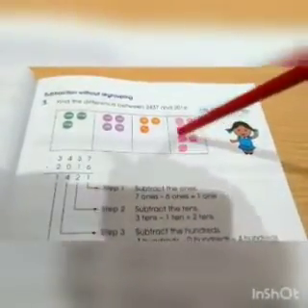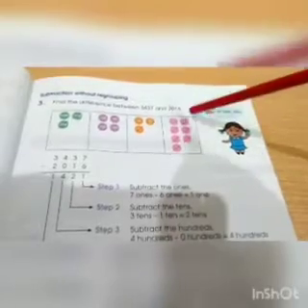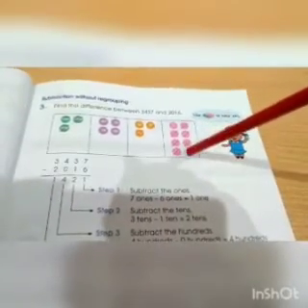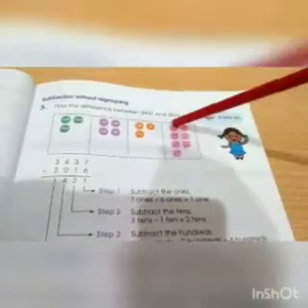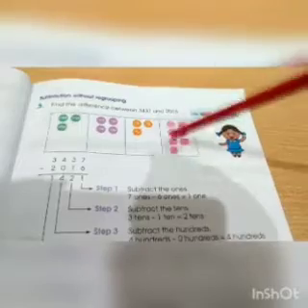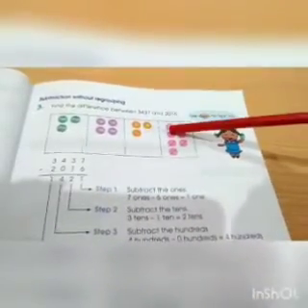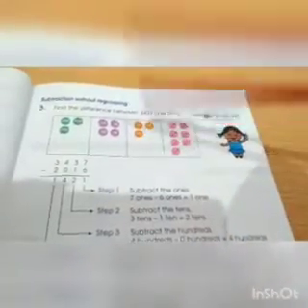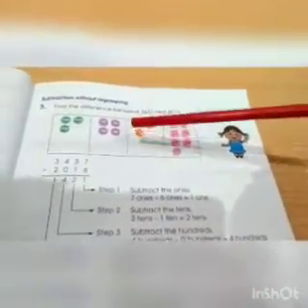When we subtract 6 from 7 sections, we cross 6 sections. We have one section left, and there are 3 sections of tens.